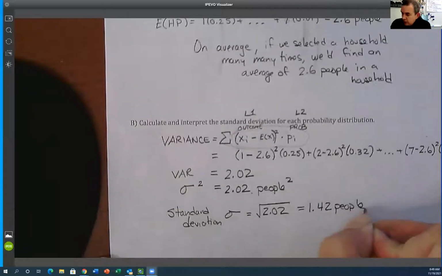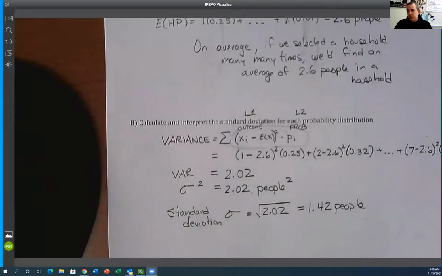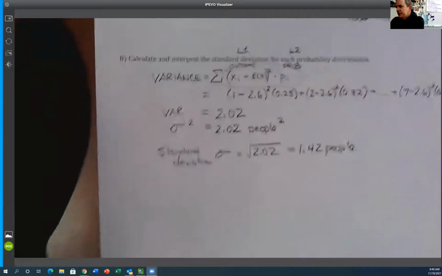So again, that's how you figure out standard deviation. And interpretation of this is going to be important.